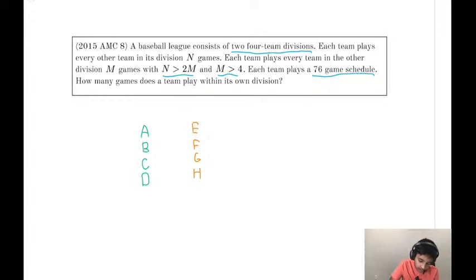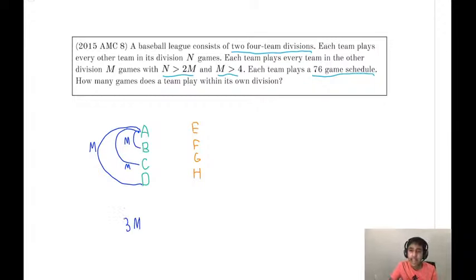So A, for example, can play B n times, C n times, and D n times too. So A is playing each of the 3 teams in its own division n times, for a total of 3n games played against B, C, and D, the teams in its own division.